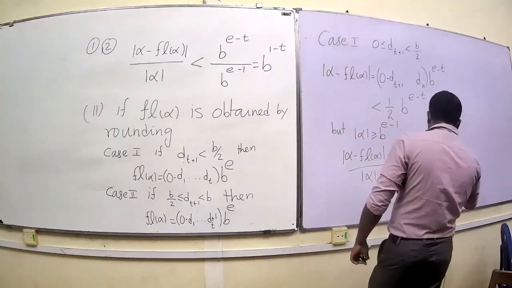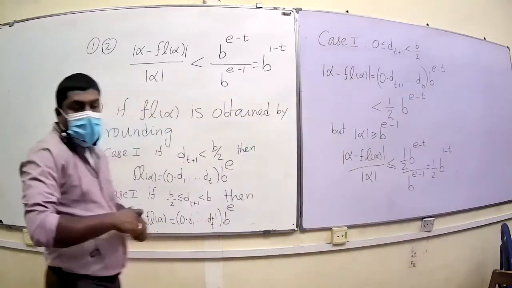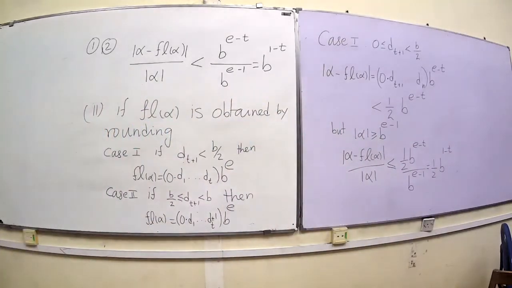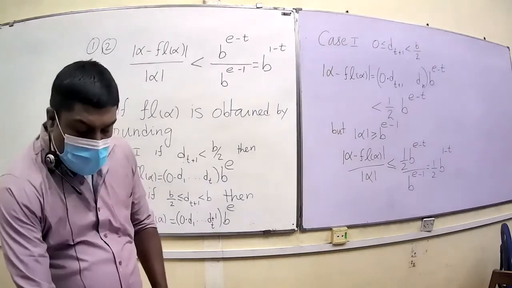So that is half b to the power 1 minus t. That is the error bound in case 1, where you act the same way as in chopping, because the first digit you are dropping is less than half of the base. This one is simple. Now the other case.